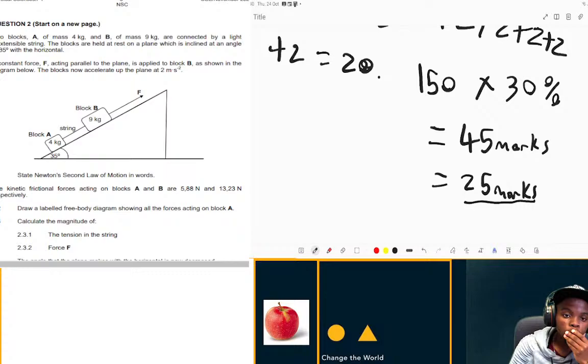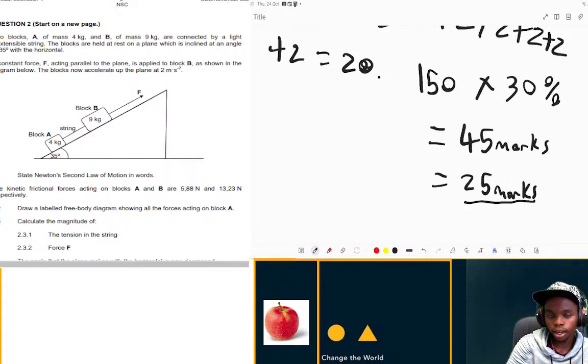Now, looking at question 2, that's Newton's, draw a free body labelled diagram. The mark allocation always indicates the number of forces that you're going to have. We did this in the Newton's video, and I explained how to draw a free body diagram.